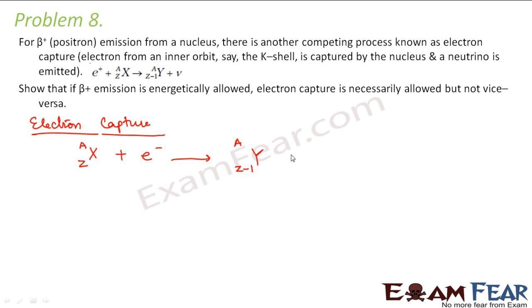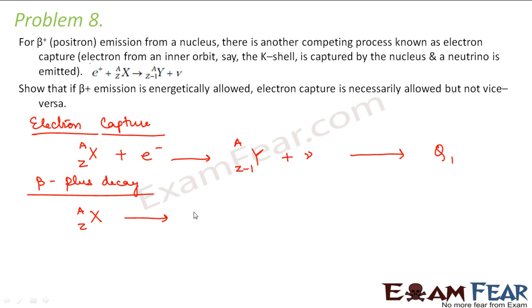Mass number will however remain the same and a neutrino is emitted. Let us say that the Q value for this reaction is Q1. Now let us write down the expression for beta plus decay. What happens in beta plus decay? This is my parent nucleus, it forms a daughter nucleus plus a positron plus neutrino. So let us say that the Q value for this reaction is Q2.